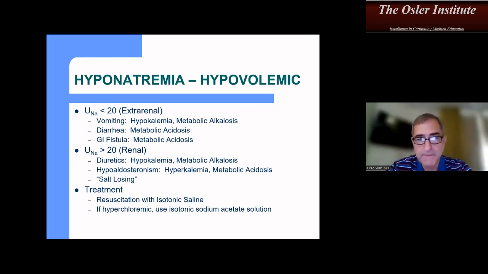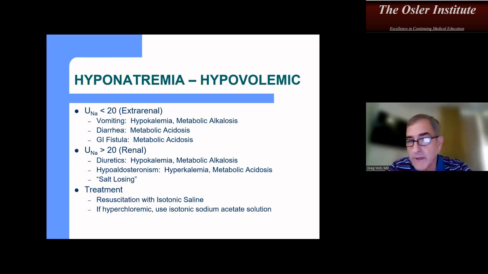On the other hand, if the kidney is not doing its job, you would see the urine sodium higher than 20. So it's not retaining sodium, it's dumping sodium into the urine. Something is wrong with the kidney, or we are doing something to the kidney that prevents it from functioning normally.